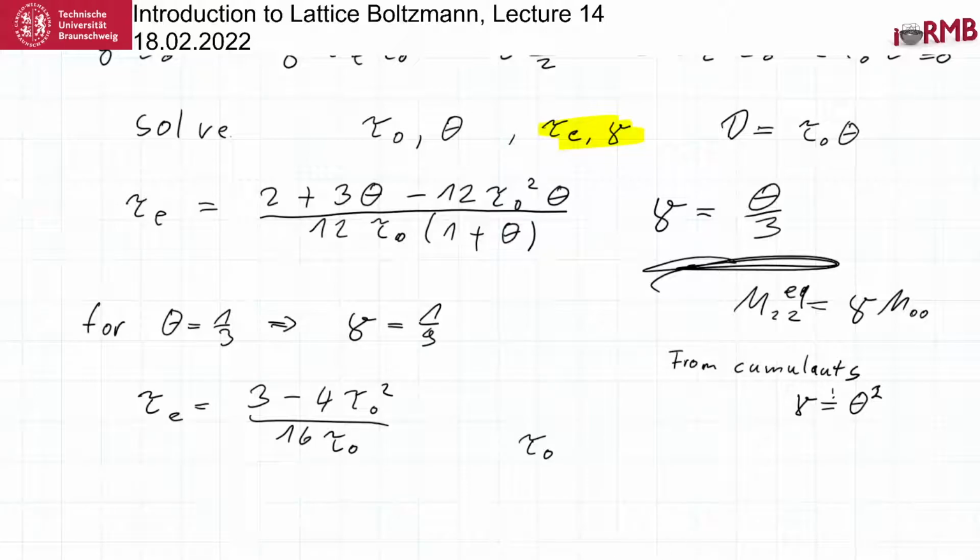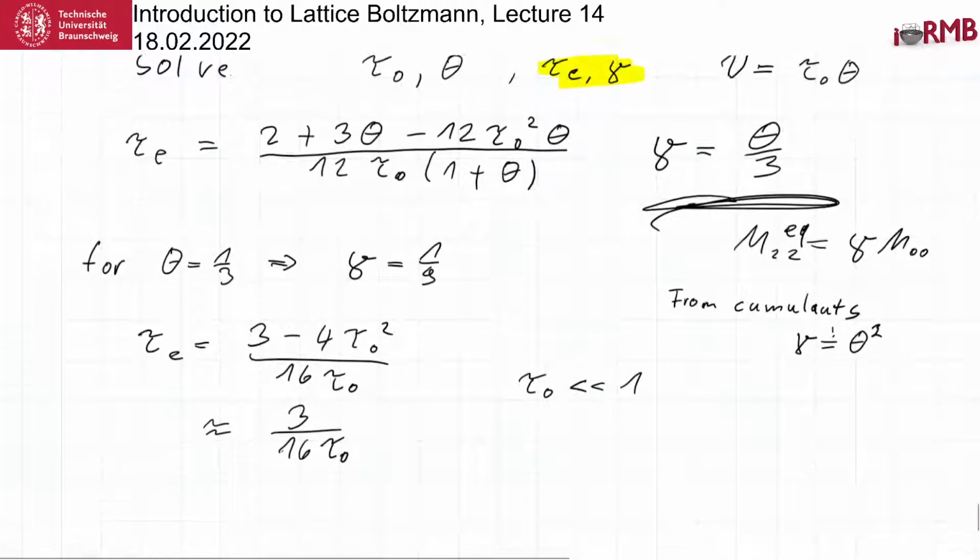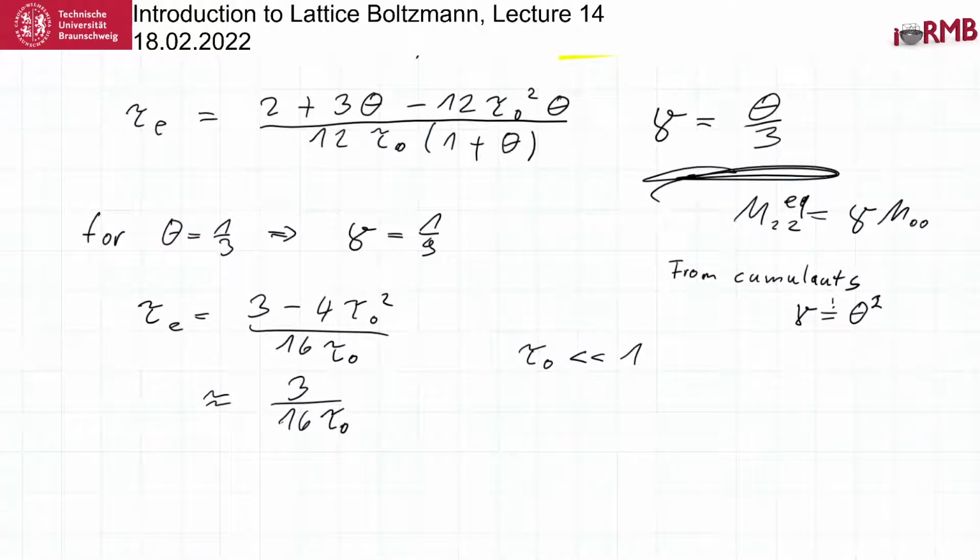So tau odd usually must be, for stability reasons, much smaller than 1, so that this is roughly 3/16 tau odd. And this would mean that we can define something called lambda even odd, equal to tau even times tau odd, which is 3/16.